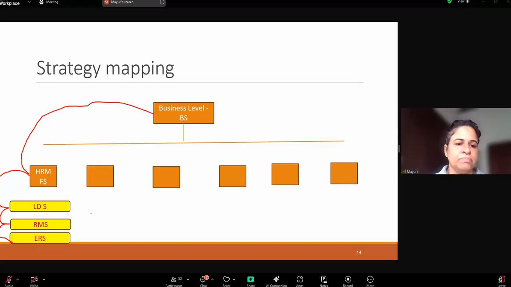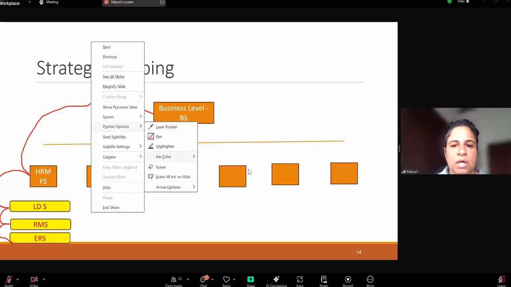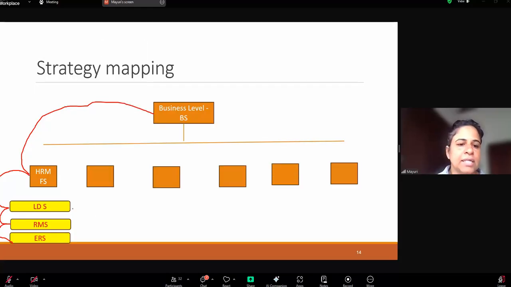And also, on the other hand, the learning strategy should serve the HR strategy, and the HR strategy should serve the business strategy. It's top to bottom and bottom up, both. Two-way alignment has to be there.